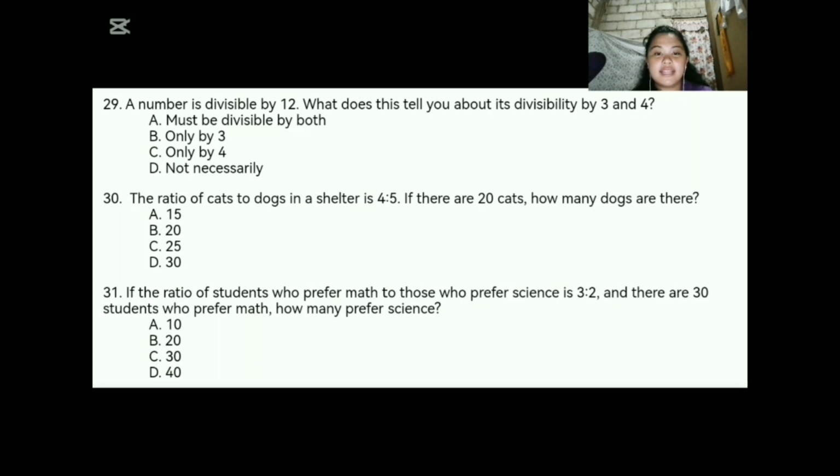Divide it by the ratio of students who prefer math, which is 3. So 30 divided by 3 is equal to 10. Now multiply it by the ratio of students who prefer science. So 10 times 2 is equal to 20. So the correct answer for number 31 is letter B, 20. It means A, C, and D are incorrect.